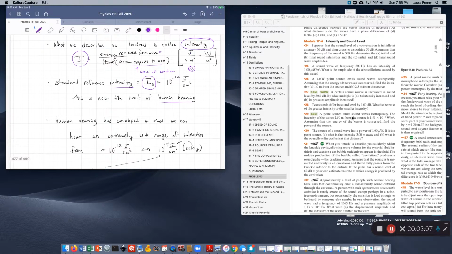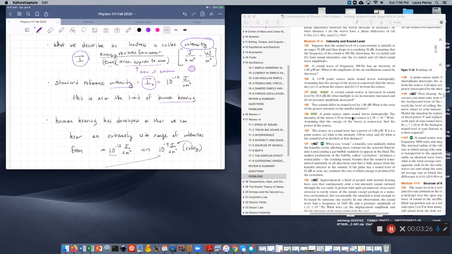Human hearing has evolutionarily developed so that we can hear an extremely large range of intensities. The lower limit is something like 10 to the negative 12 joules per second per meter squared, which is a very small amount of energy.